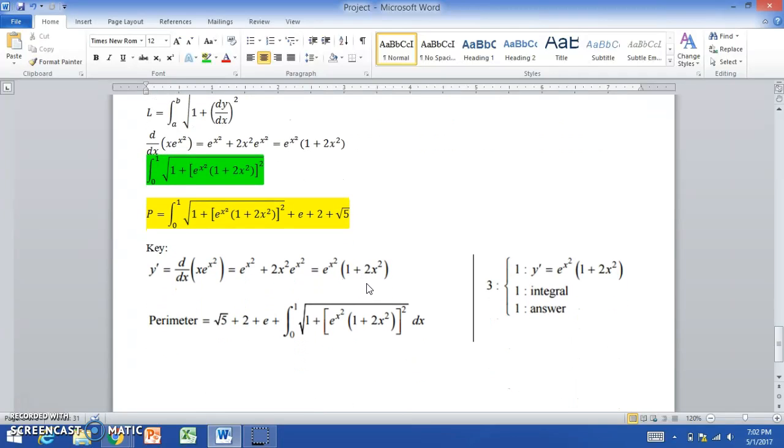This problem is also worth 3 points, recognizing that we must derive the function that we need to find the arc length, and then 1 point for the integral from 0 to 1, and then 1 point for the final answer.